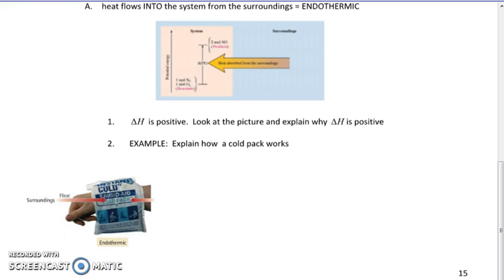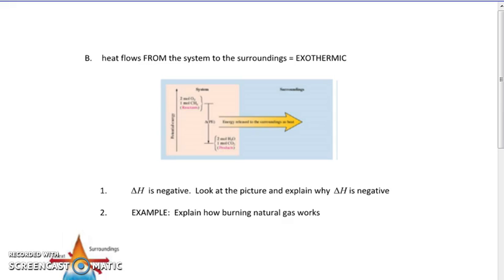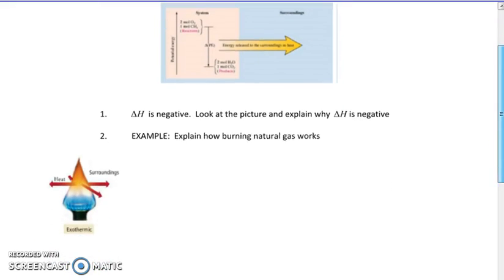When heat flows from the system to the surroundings, it's exothermic, kind of like the calcium chloride. The dissolving of calcium chloride releases energy to the water, therefore the water got hot. We said delta H is negative. Hopefully that makes sense to you again.